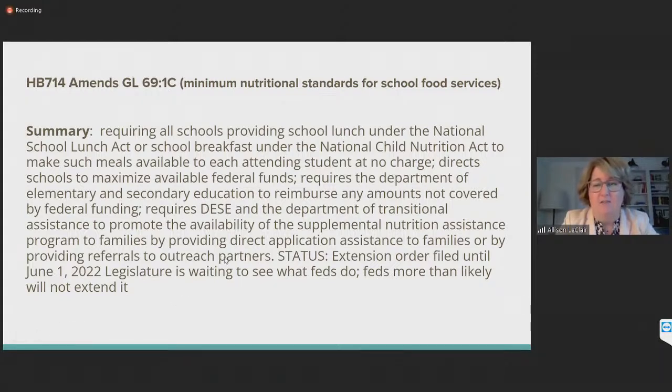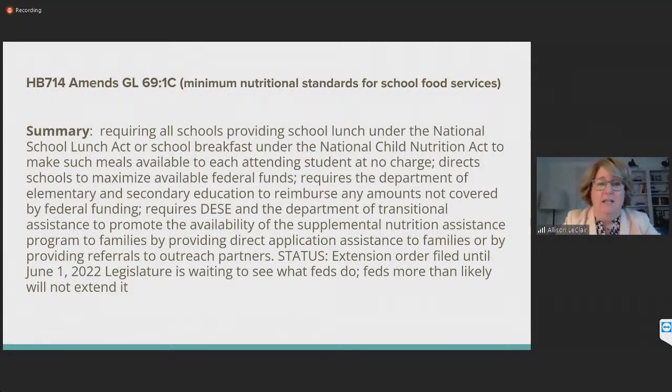The status of this bill right now is an extension order was filed until June 1st because the legislature is waiting to see if the federal government will reverse their decision. But the feds are not likely to extend this.